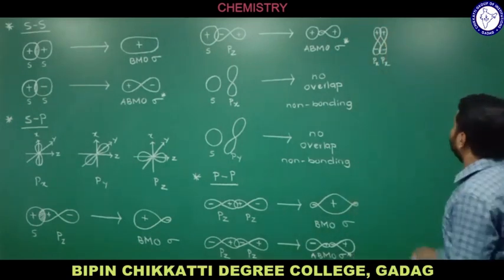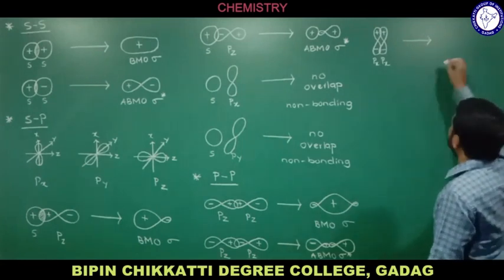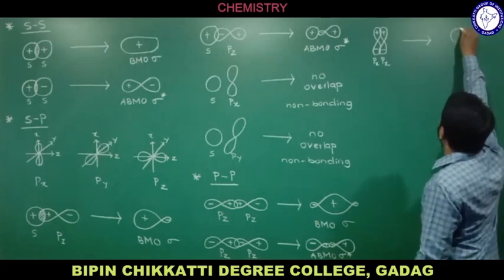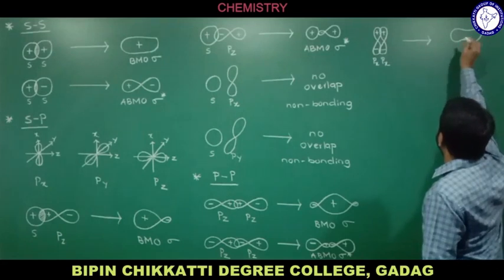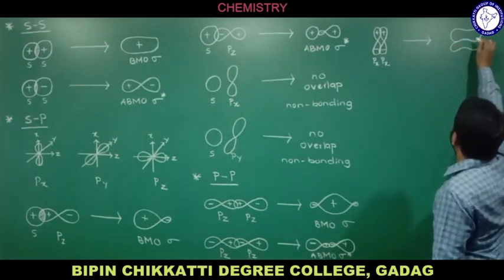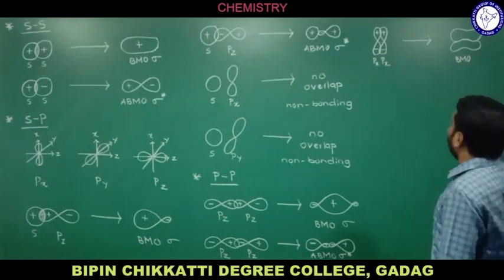Same sign lobes are going to overlap. As we know, when there is an overlapping of lobes of the same sign, we get a bonding molecular orbital. So how is the bonding molecular orbital formed in this case? Let me represent that.